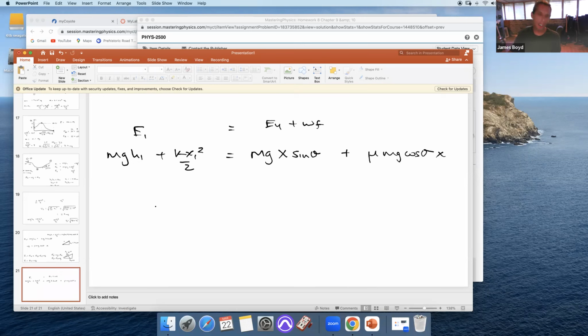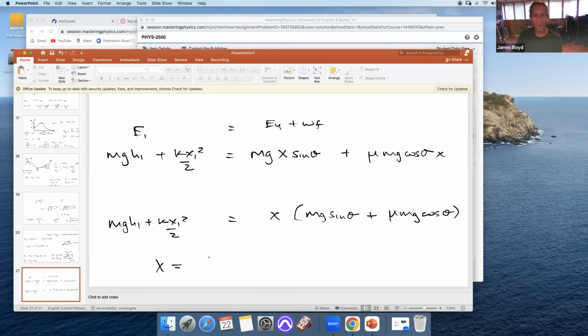Now let's rewrite this. mgh1 plus kx1 squared over 2 is equal to x times mg sine theta plus mu mg cos theta, or how far up it went is mgh1 plus kx1 squared over 2 over mg sine theta plus mu mg cos theta.